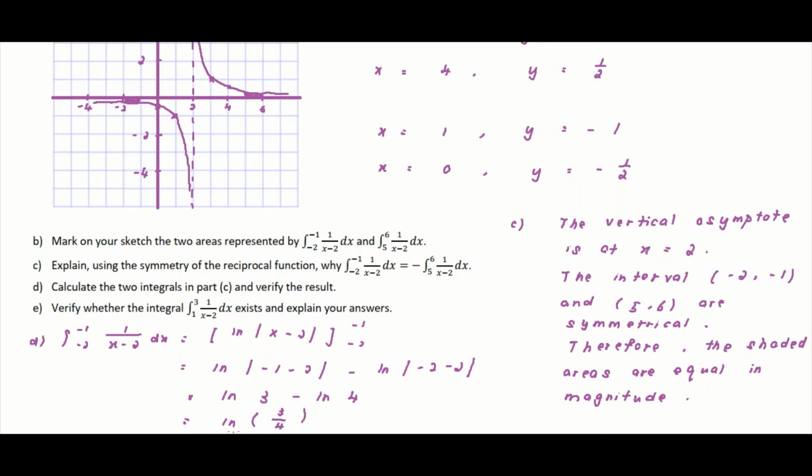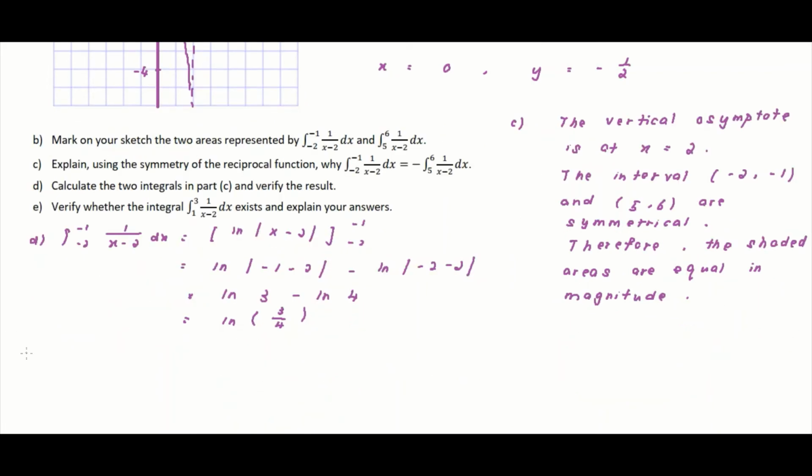All right, so let's move on to checking the other one. This is the one that is given: the integral from 5 to 6 of 1 over x minus 2 dx. Okay, so I'll get the exact same thing after I integrate it, but the numbers I'm going to substitute are 5 and 6. So 6 minus 2, and then 5 minus 2.